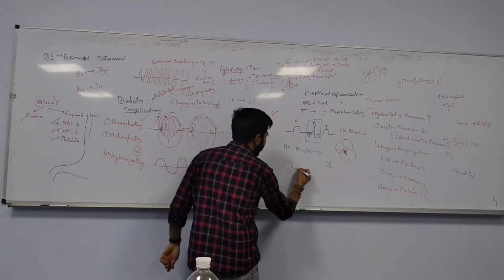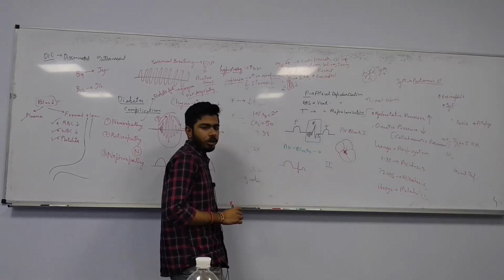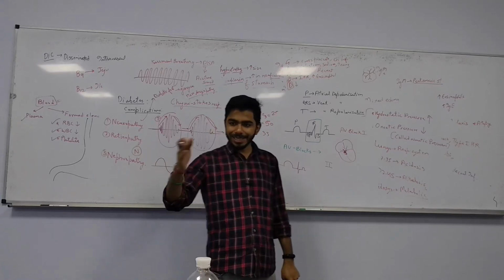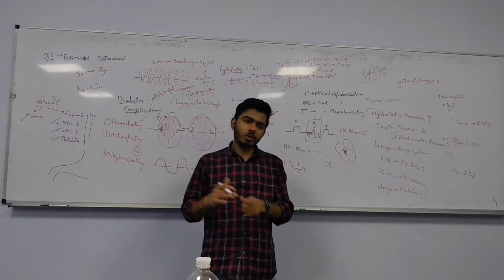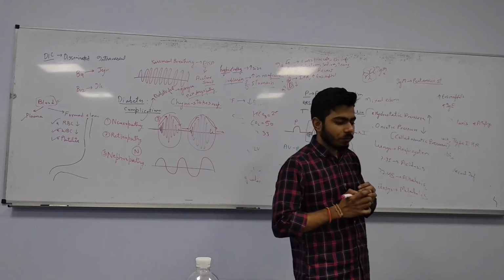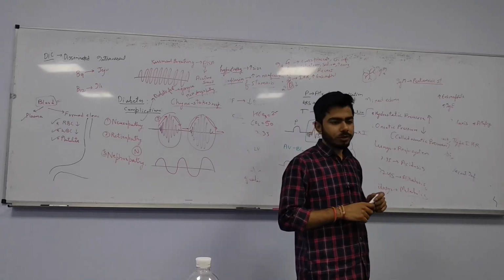So QRS complex will be seen as shortened, and then you will be having T wave. Okay, so P wave will be exceeding the QRS complex in the AV blocks, and that's what is given in the question.